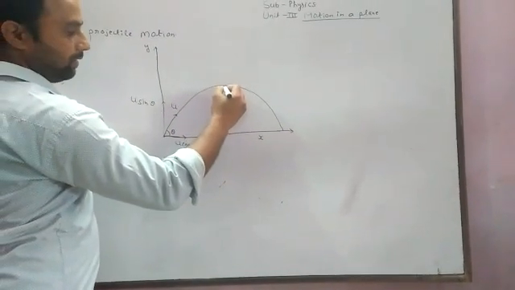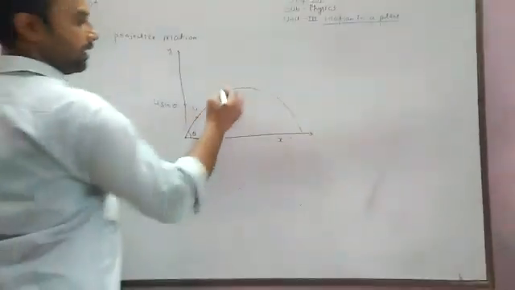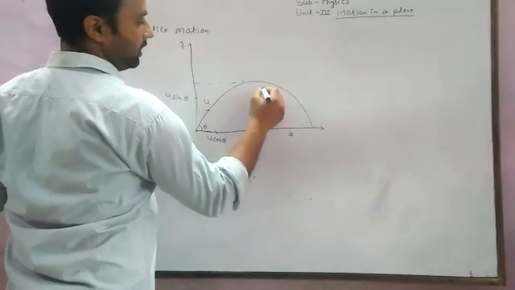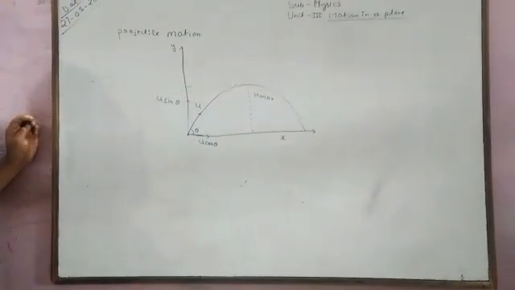Now the projectile goes to a maximum height, and this is known as the maximum height of the projectile.